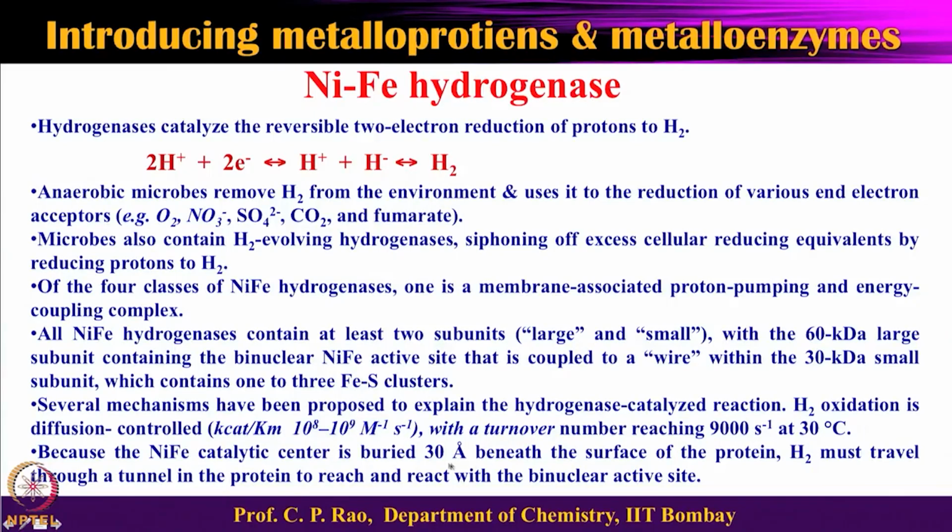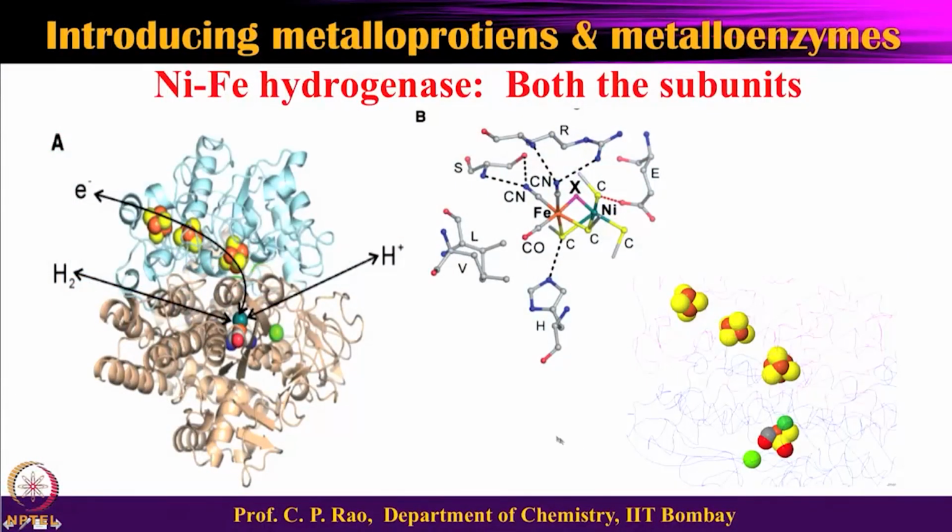So, it is a very high turnover enzyme. The other thing is, if you look at the enzyme, which I am going to show you in the next slide, the nickel-iron center is present very deep inside, about 30 angstrom inside the protein when you count from the periphery. This means that the hydrogen has to travel to this particular site.